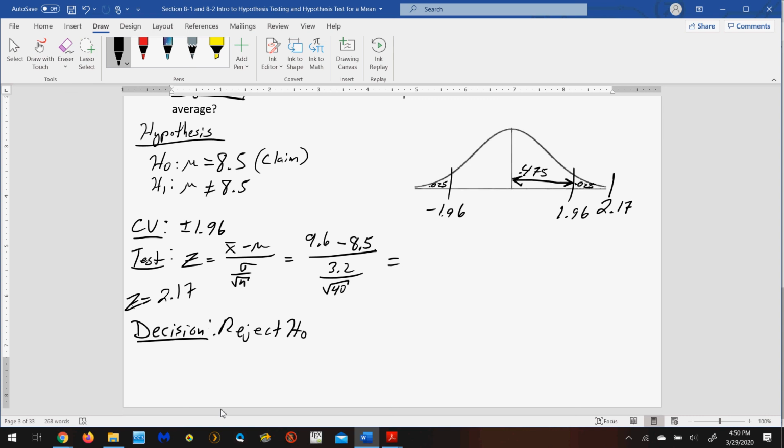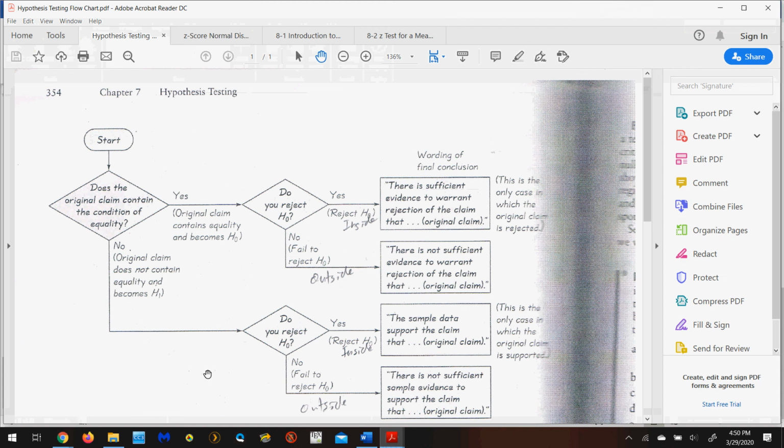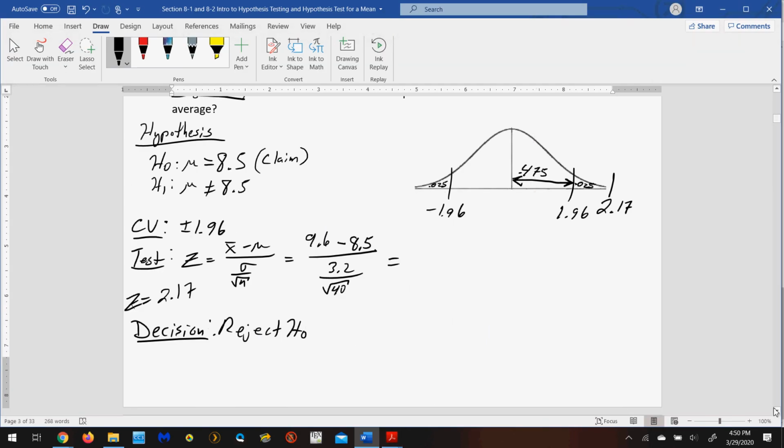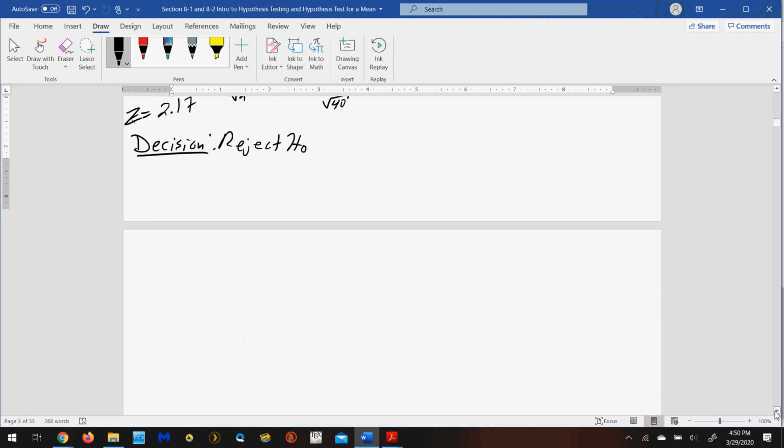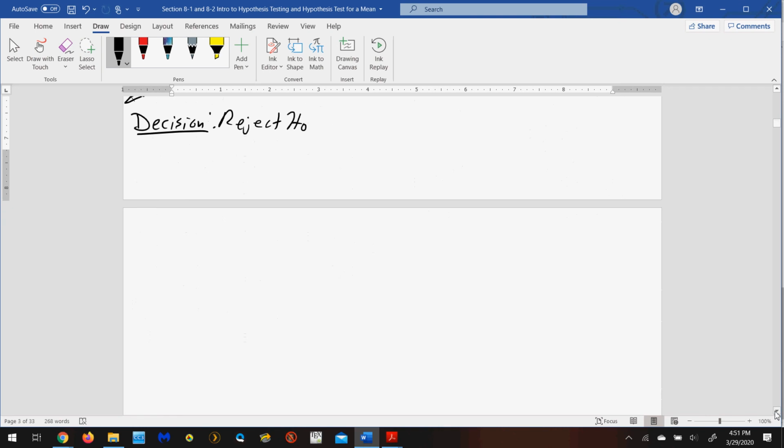Now, to figure out the conclusion, that is the purpose of the flowchart handout. So I'll first start off by writing conclusion, and I'm going to need another piece of paper for it.